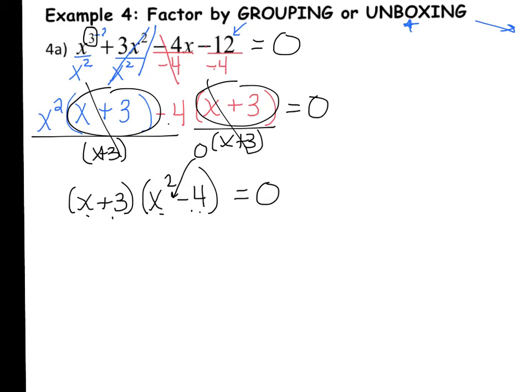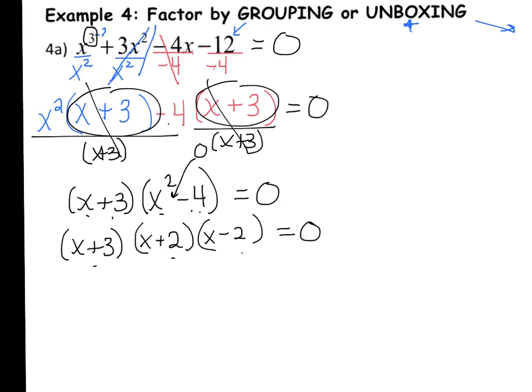See how there's no plain x in the middle? So I'll recopy the x plus 3, and I can find factors of 4 that subtract to give me 0. It's 2 and 2. If I take x plus 2 and x minus 2, they cancel out, so there's nothing in the middle, and then when you multiply them, you get negative 4. So now I have 1, 2, 3 factors. It matches up with that first exponent, and that's the final answer.